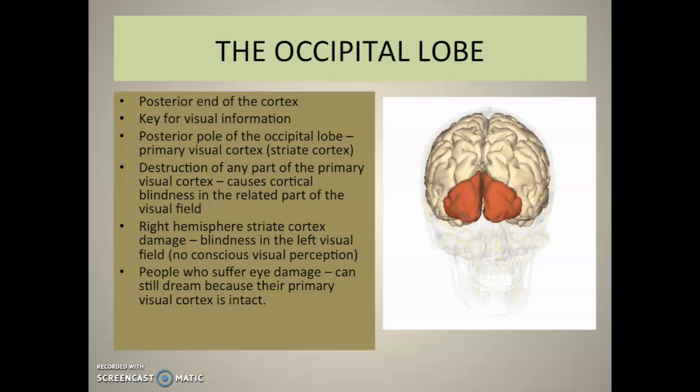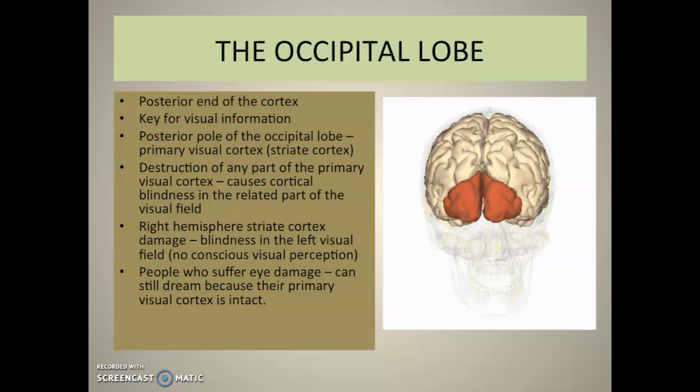Basically we try to understand the human brain not by dissecting human beings and trying to figure out what happens if you damage one part and remove another part. You really can't do that. So we try to understand the human brain through different animal studies as well as through brain damage patients.